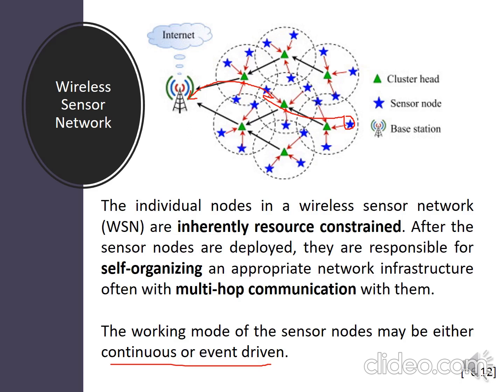Continuous means it will send data continuously, for example, you are watching a live match, so the data is coming continuously. The other one is event driven. Event driven means whenever some event occurs, the sensor will send the data.